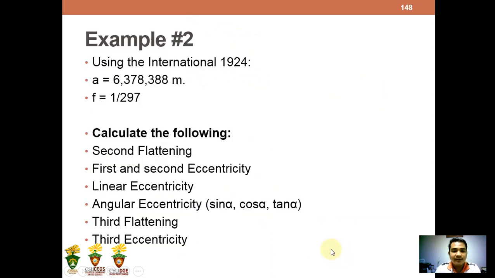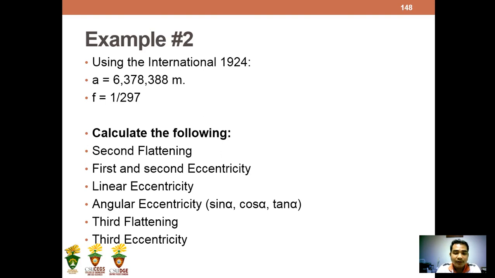Right, for example number 2, using the International 1924 ellipsoid, which is from part 2 of your previous topic, the given parameters are a equals 6378388 meters and f equals 1 over 297.